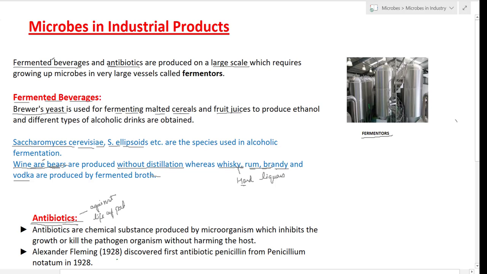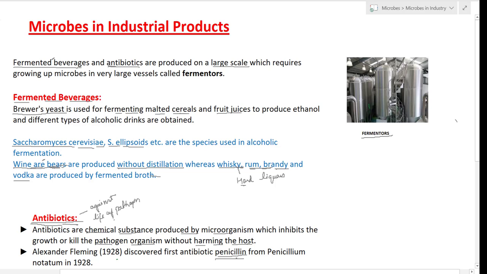They kill or inhibit the growth of pathogens by their activity, and they are secreted in very small amounts. So antibiotics are chemical substances produced by microorganisms in very small concentration which inhibit the growth of or kill pathogenic organisms and save us from different diseases without harming the host. They don't harm us, actually they save our life and they are pro-life for us. The first antibiotic which was discovered was penicillin.